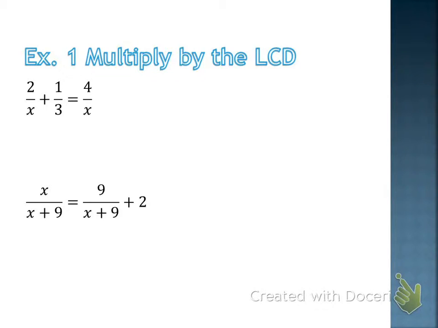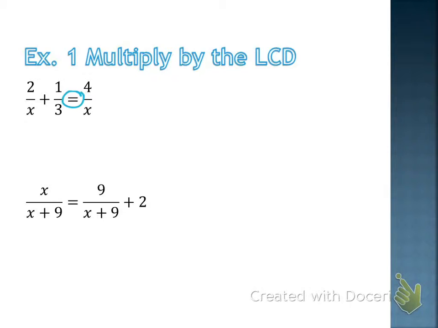In example 1, they've already given me the entire problem: 2 over x plus 1/3 equals 4 over x. I have the entire equation. Anytime there's an equal sign, they usually want your end result to be x equals whatever it's equal to.